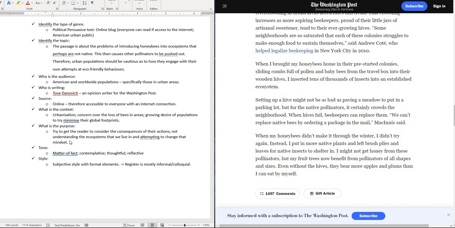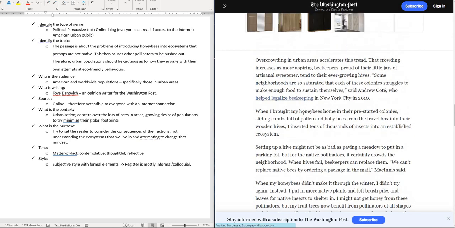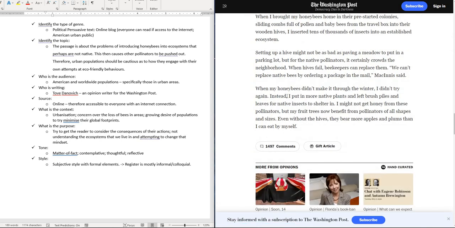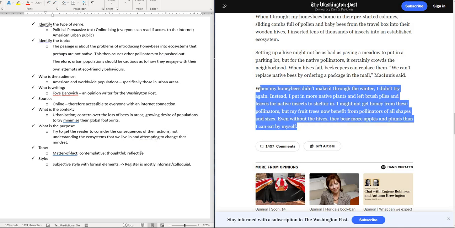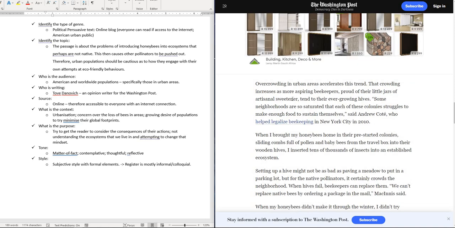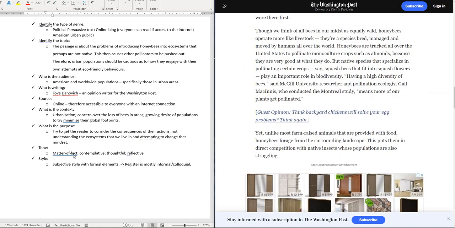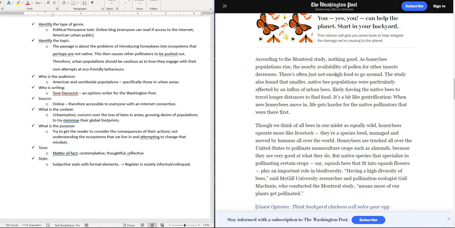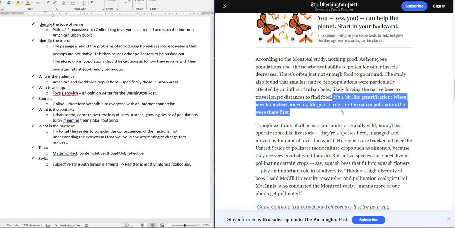Those kinds of things. So the tone overall, there is an element of matter of fact, especially when he's using his personal story. There's a sense of reflective contemplation there. When he brings in the studies, it's matter of fact, it's factual. He's trying to be very objective. There is a criticism. His attitude is critical, but it's not antagonistic.